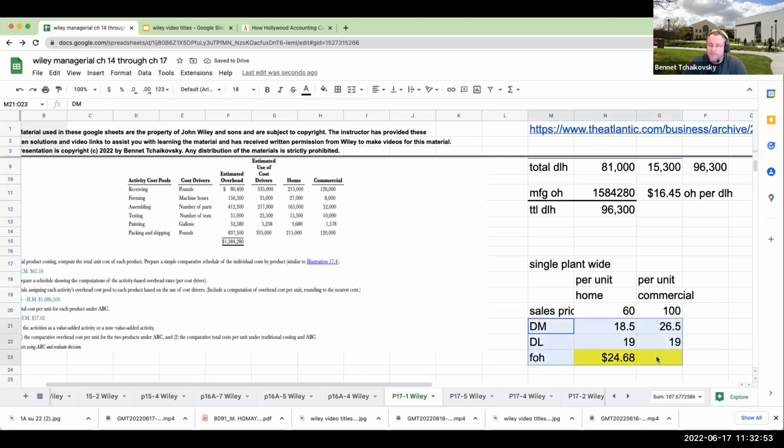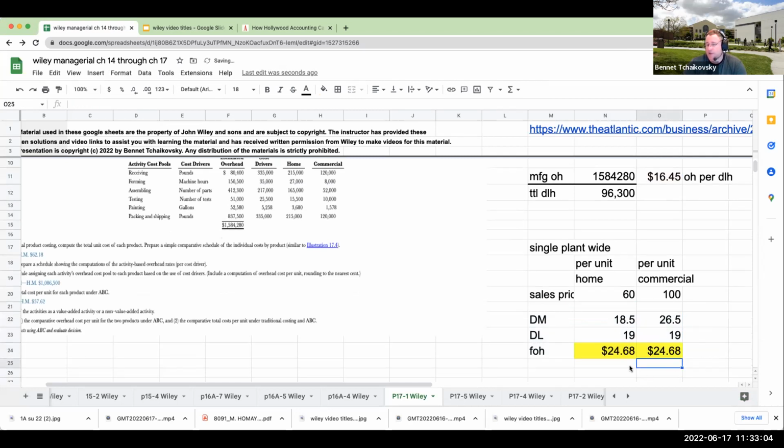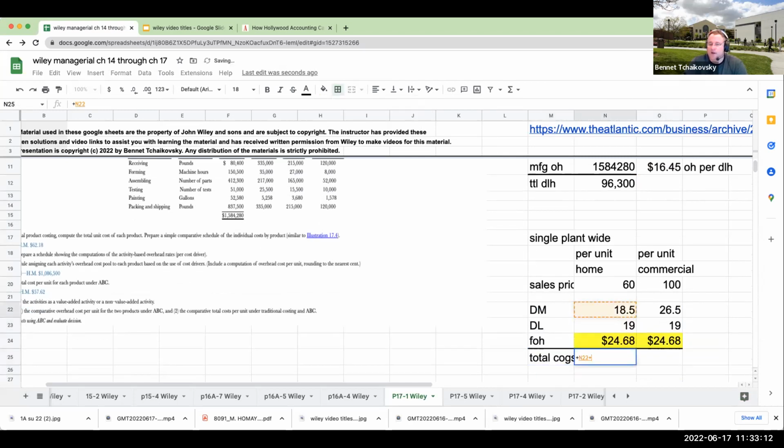Over here, this is also 1.5 because this is how many direct labor hours per unit it takes, times $16.45, or again $24.68. So my total costs using single plant-wide are going to be $62.18 and then $70.18.